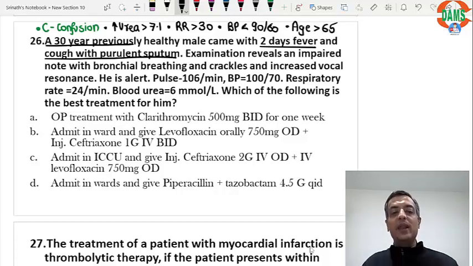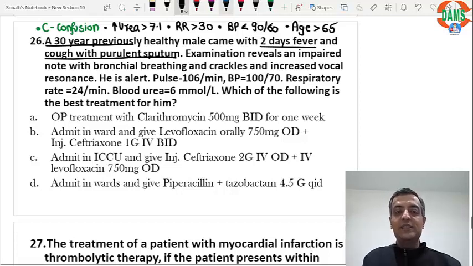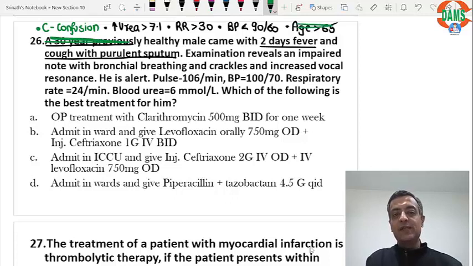If you calculate the CURB-65 in this patient, the patient is not more than 65. The patient is having a respiratory rate of 24, not more than 30. Urea is 6, not more than 7.1.